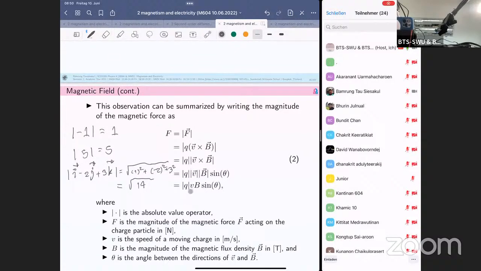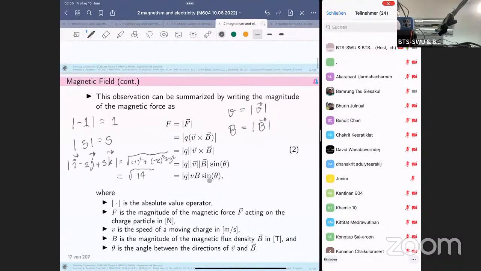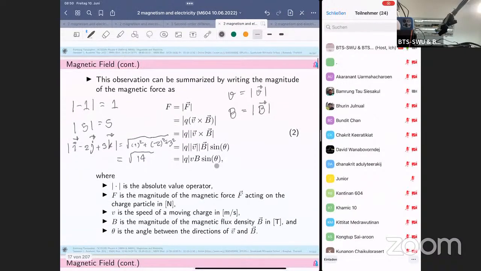All right, and let's say we have v, that is without the vector on top, it's the magnitude version, and the letter b without the arrow on top as the absolute value of the magnetic flux density vector. All right, without the arrow will be the scalar. Anything that has no arrow will be the scalar version. All right, theta is the angle between v and b.